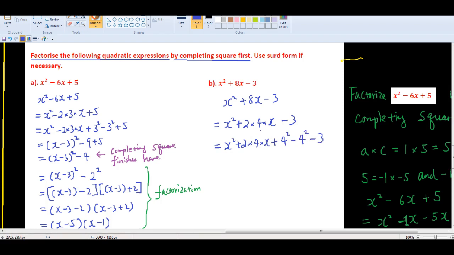Okay, because 4 is the key number. Alright, so the first 3 terms you can go into a perfect square, minus 4 square minus 3. Okay, minus 16 minus 3, which is x plus 4 square minus 19.